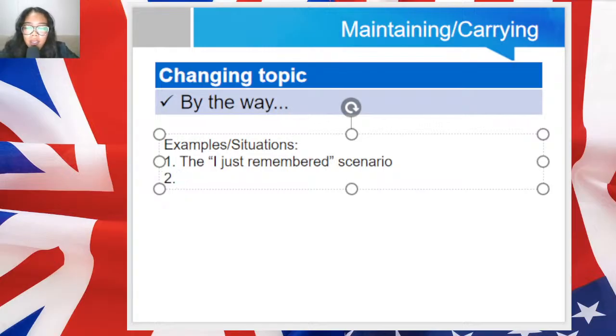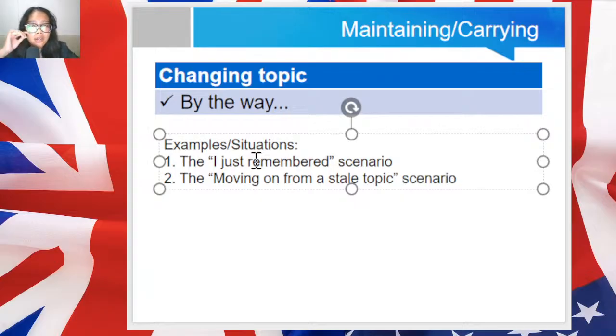Number 2. The second situation is when we try to move on from a stale or boring topic. This is what I call the moving on from a stale topic scenario.